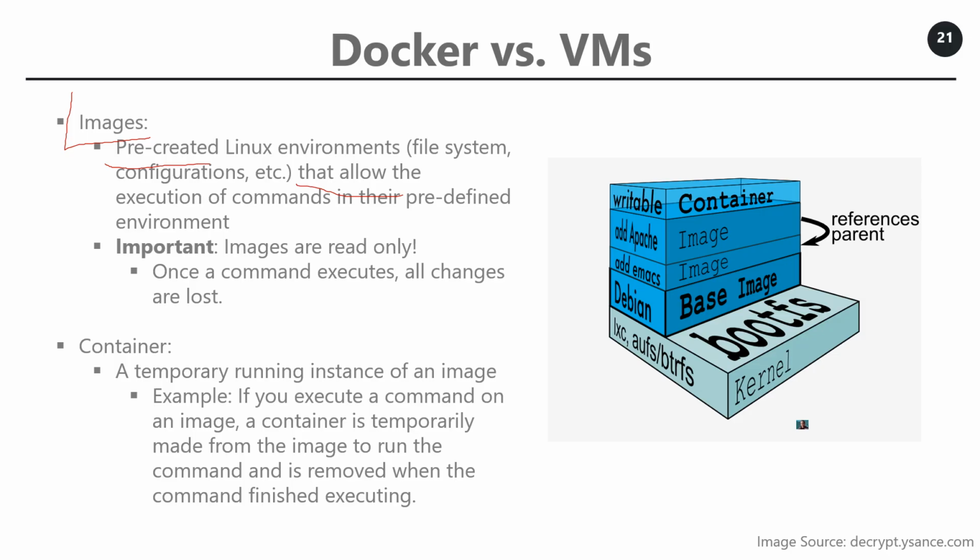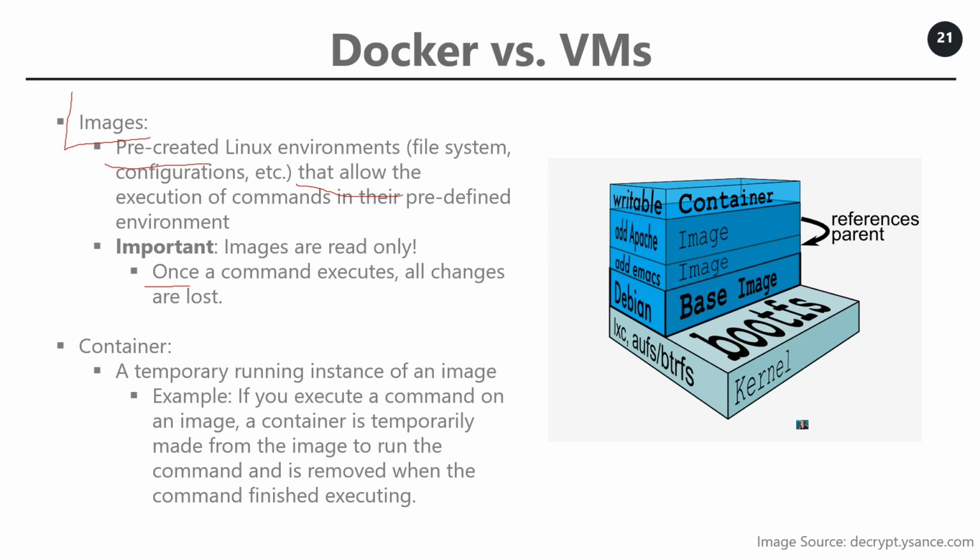It's a full environment there. So you can do anything in that little container: run other things, connect to other things, other containers, for example. It's really interesting. Important: images are read-only.